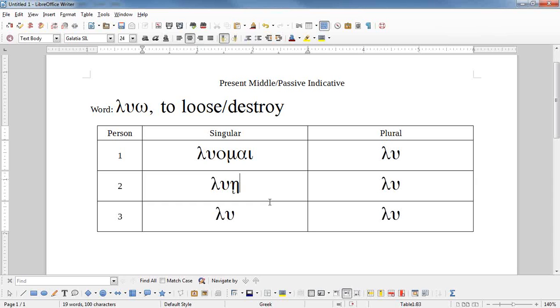Someone raise their hand and tell me the case, gender, and number of this noun ending. If it is a noun ending, what does it come from? That eta with the iota subscript looks like a particular noun ending, so I'm looking for the case, gender, and number for that one.